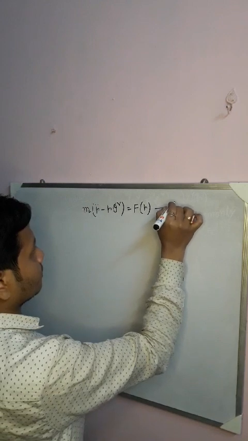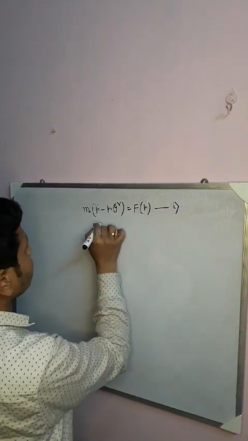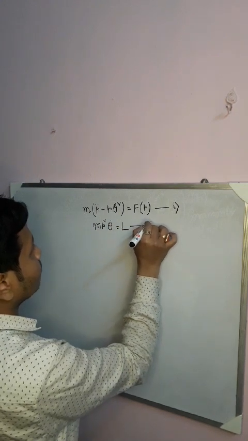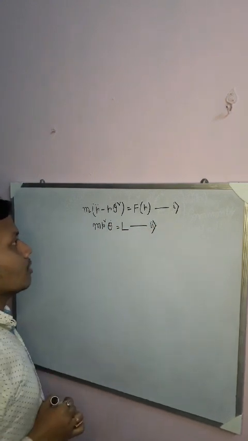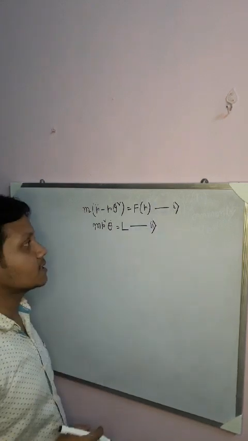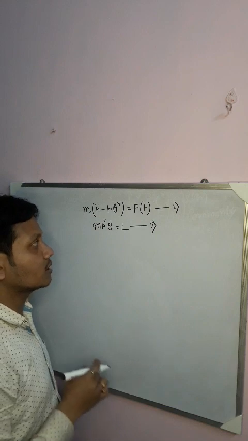This is equation 1. And the cross-radial equation of motion yields the result m r square theta dot equals L, the angular momentum. I also told that these two equations are generally known as integrals of motion, right?